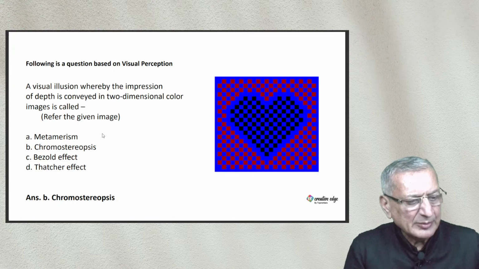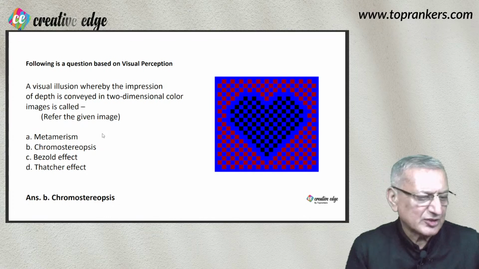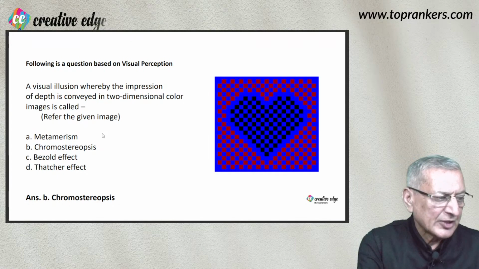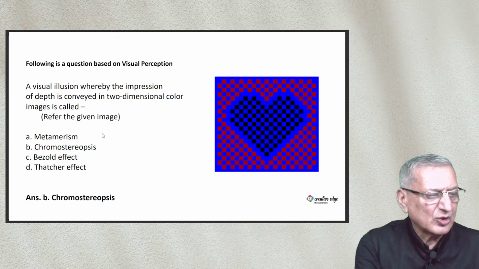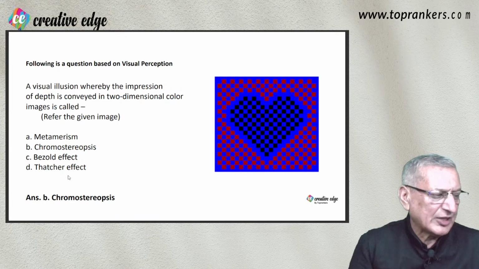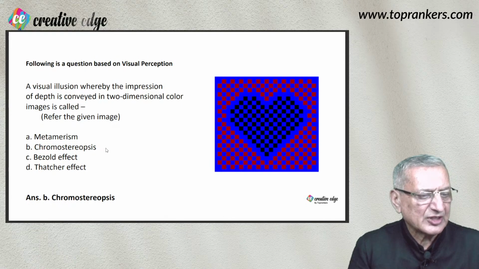There was a time when NATA never used to include this terminology. However, in the very first online examination of NATA, they actually asked what chromostereopsis was, and they also asked about the Basalt effect. So these two terms appeared in the very first examination after the lockdown.